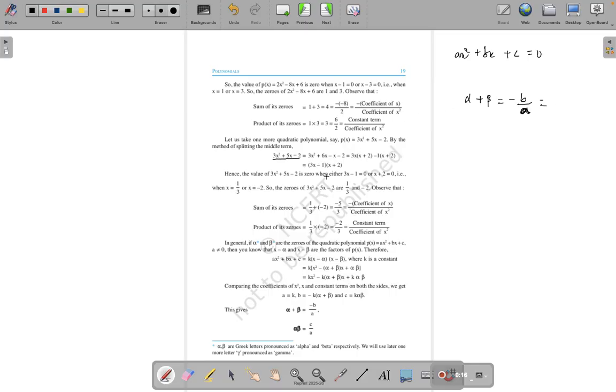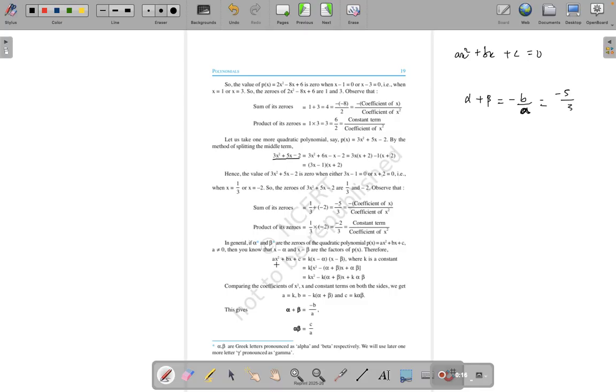So what is minus coefficient of x? Minus 5 upon 3. So this is minus 5 upon 3. Product of roots is minus 2 upon 3. So this is constant term upon coefficient of x square, where the constant term is c and the coefficient of x square is a.